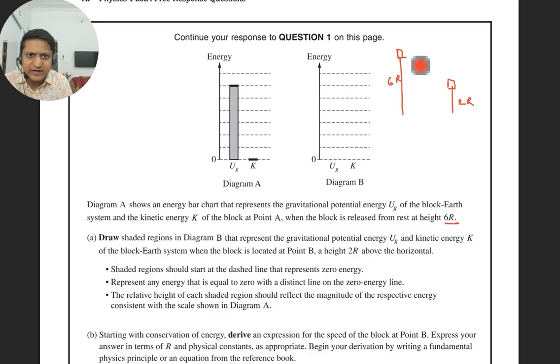First of all, understand that at the initial stage, this object has only potential energy, and kinetic energy at that time is 0. So what is the potential energy? mgh, and what is the height? 6r. So this is the potential energy that it has. When it will be at this position, how much potential energy will it have?